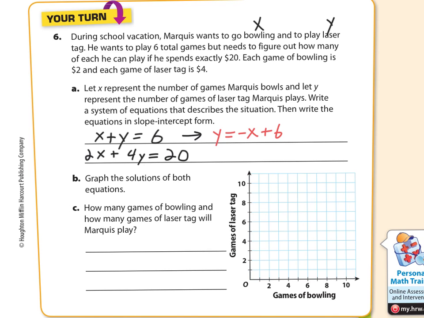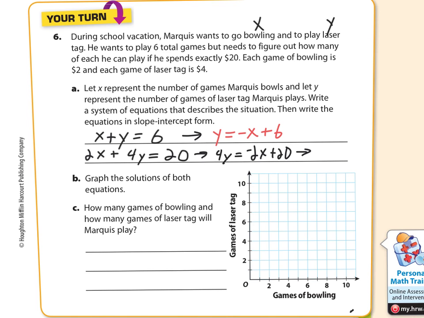Now, on the next one, I need to subtract 2x from both sides. That will leave me with 4y equals negative 2x, because we can't actually do that subtraction, plus 20. Now, here's the problem. We have 4 y's. We only want 1.